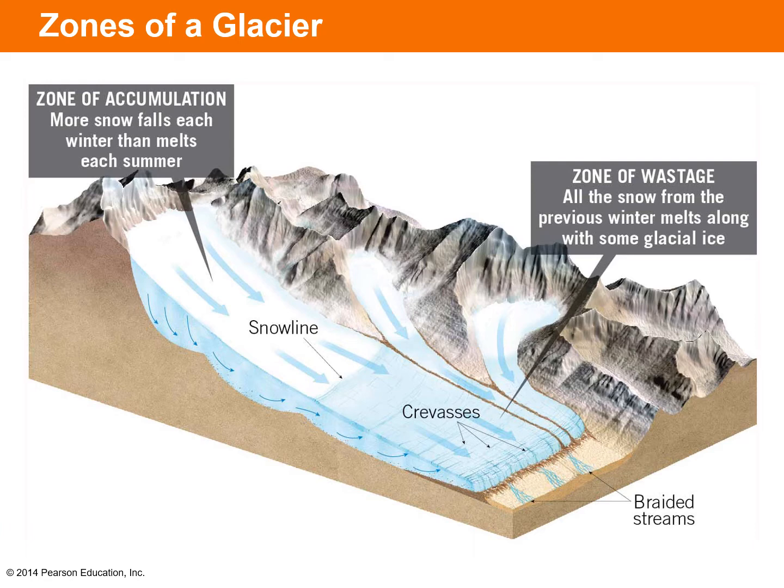And this zone is above the snow line, which is depicted here, which again is the lowest elevation at which more snow falls each winter than melts each summer. And then below the zone of accumulation, you can see the zone of wastage, which is where all the snow from the previous winter melts along with some of the glacial ice. And this is below the snow line as well.